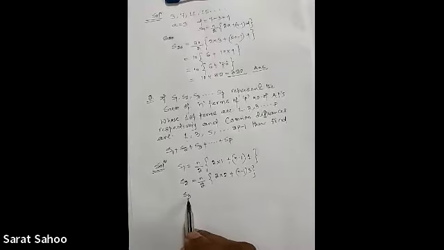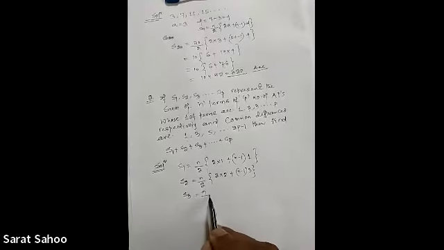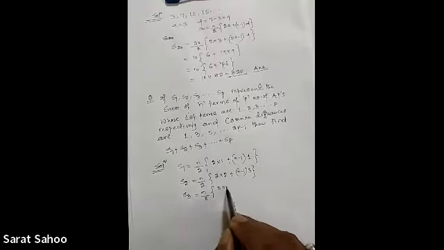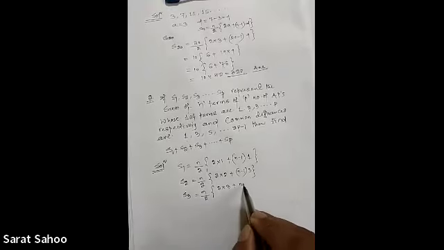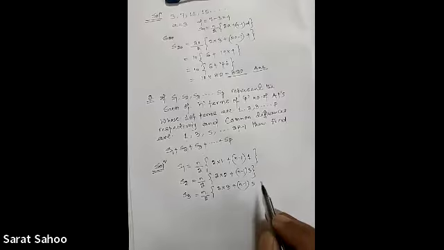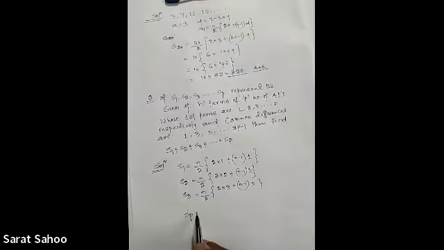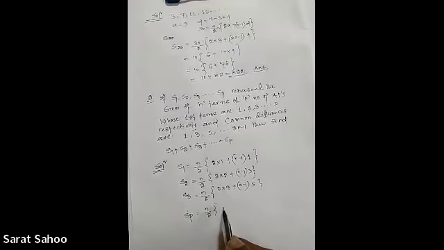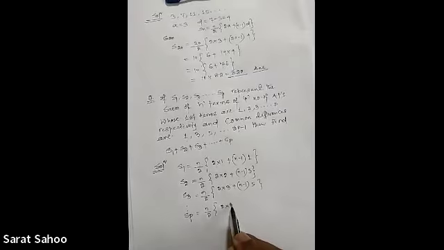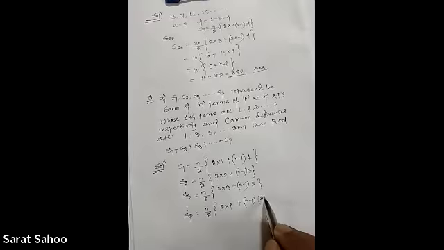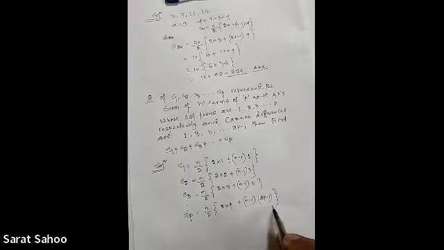S3 is n by 2 into (2 into 3 plus n minus 1 into 5), and SP is equal to n by 2 into (2 into P plus n minus 1 times the common difference 2P minus 1). Okay.